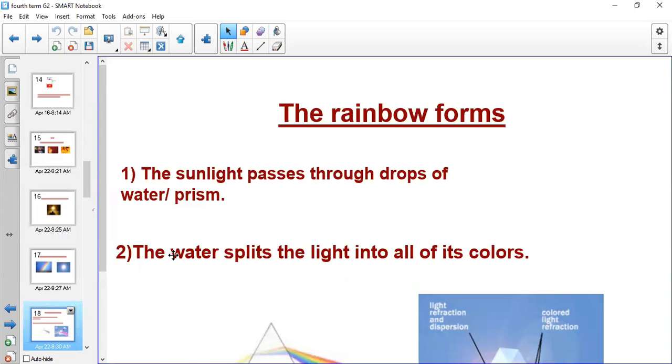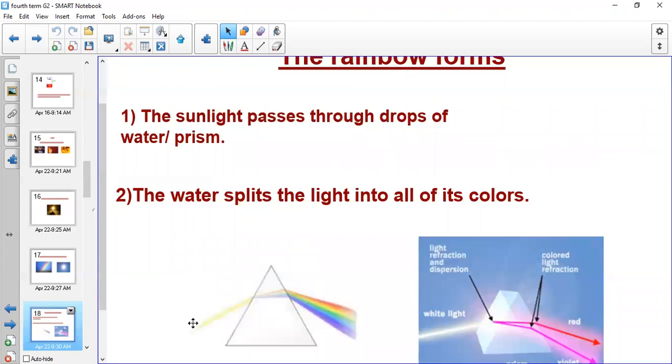If you look at the sky when it's raining and we have sunlight, you can see the rainbow in the sky. How do we have this rainbow in the sky? Because the sunlight passes through drops of water and the water splits the light into all of its colors. So the sunlight goes from this side and passes through the water drop and comes out from the other side in different colors which form the rainbow.